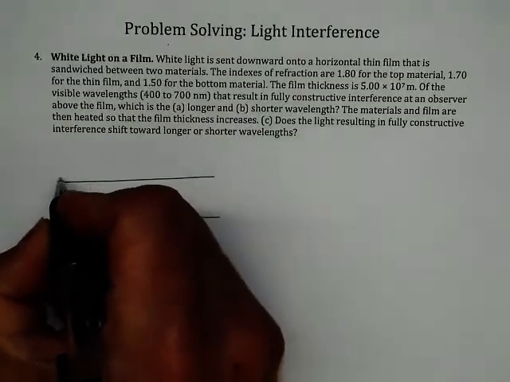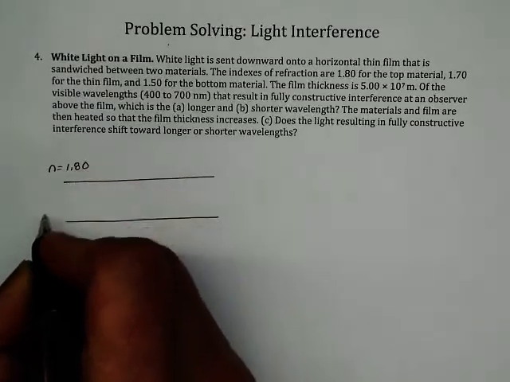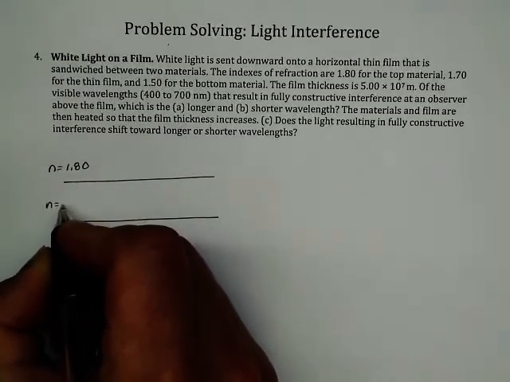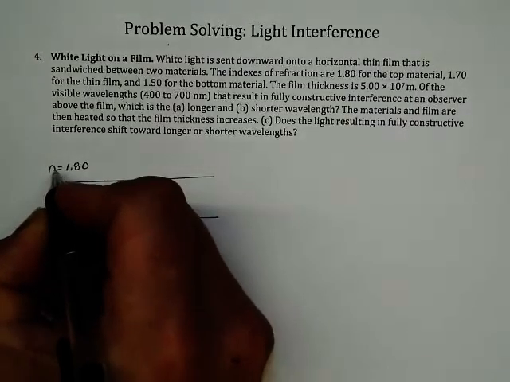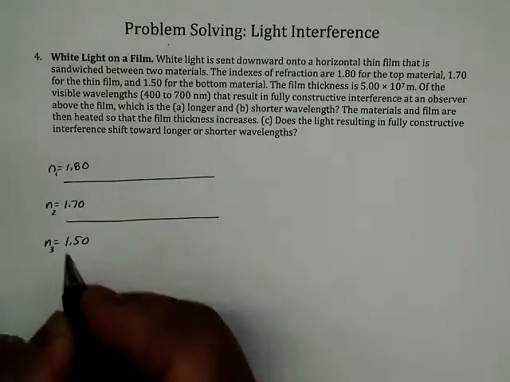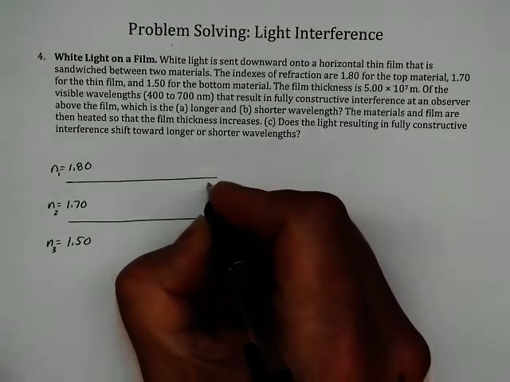What's going to be important is that the top one has an index of refraction of 1.8, the middle layer has 1.7, and the bottom has 1.5. The film thickness is 5 times 10 to the negative 7 meters.